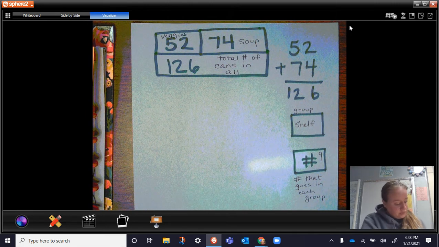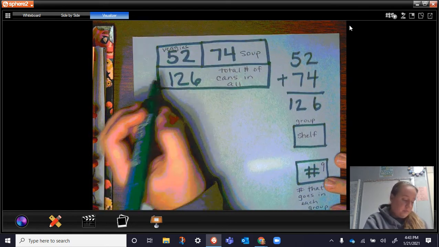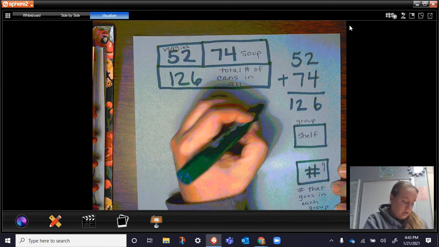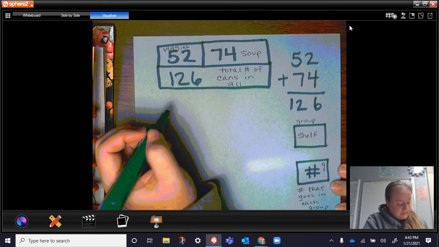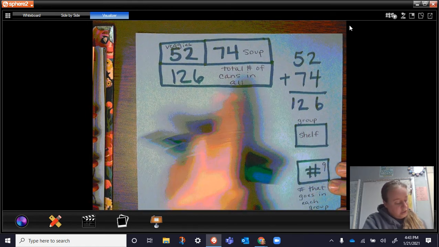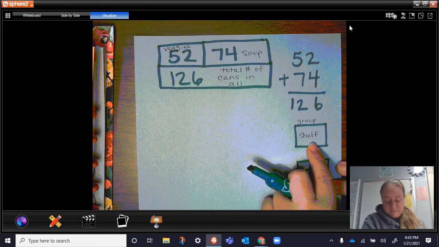Okay, so when I start building my strip diagram, I'm sitting here thinking, how am I going to draw this out? Some of us today started drawing 9 boxes on the bottom. Well, we don't have 9 shelves. The story didn't tell us how many shelves we have.